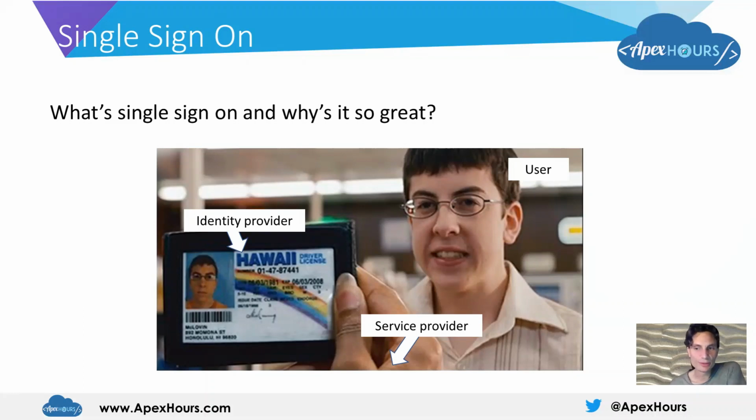So there's lots of different analogies bouncing around on the web around single sign-on, and the one that I like the best, which to me sums it up pretty well, is we can think of the application which controls the identity, so the identity provider for SAML, a little bit like the authority which would issue a license to somebody.